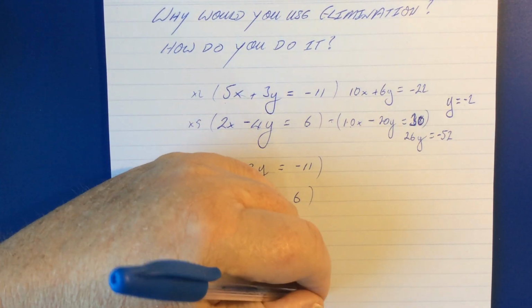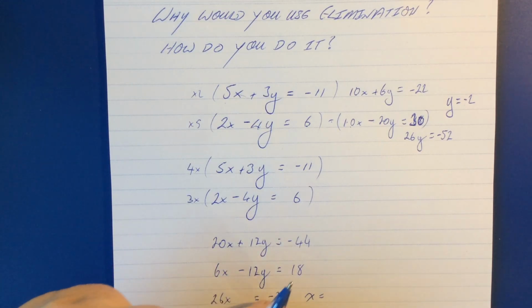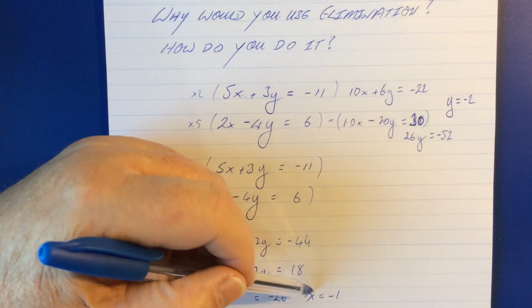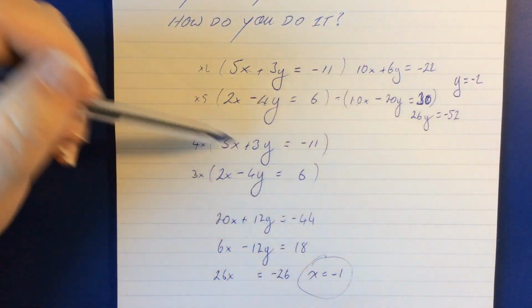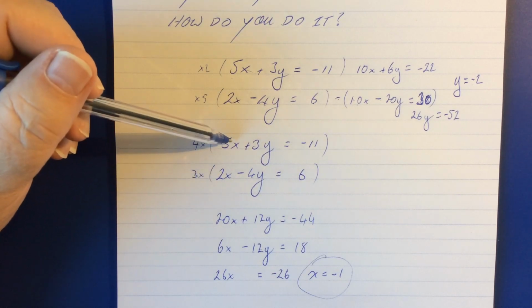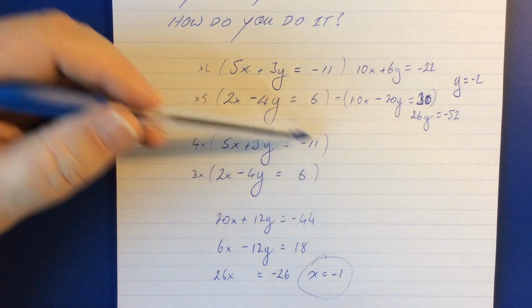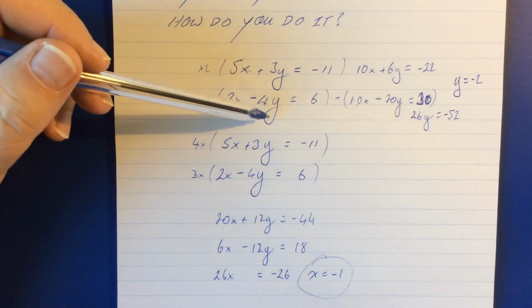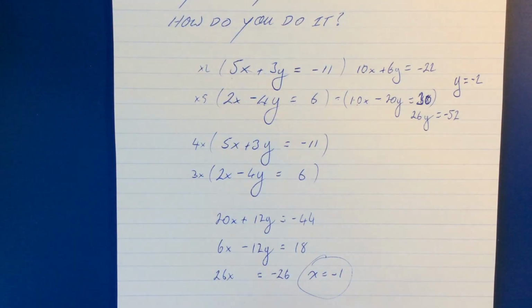And that means that x is going to equal negative 26 over 26, which is negative 1. And so by using elimination, I have discovered the other variable. I didn't need to do this. All I was doing was demonstrating that you could use either of these to solve for this. I would probably have gone with the first one, I think.